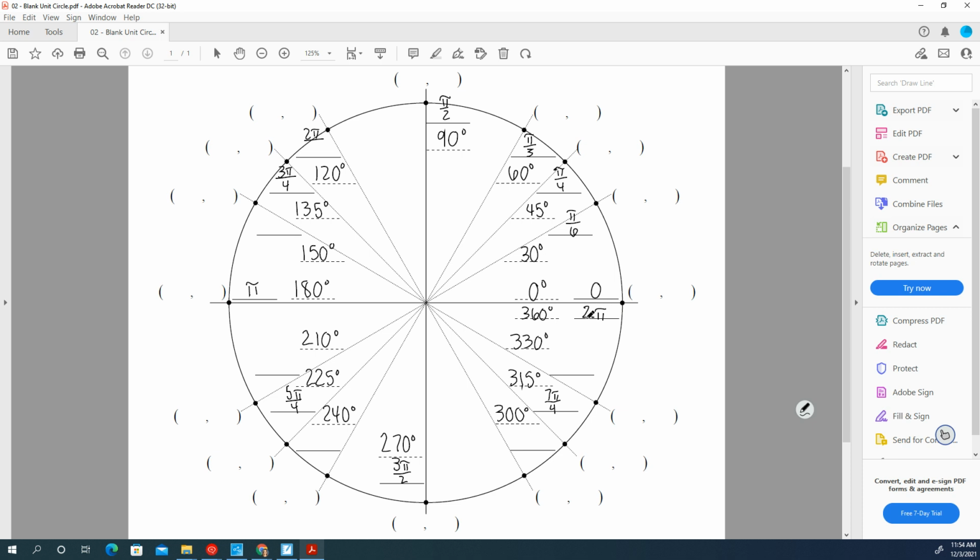So 120 is 2 pi over 3. 5/6 would be 150 degrees. 6/6 would be 1 whole. 7/6 would be 210 degrees, 7 pi over 6. 8/6 is 4/3. 9/6 is 3/2. 10/6 is 5/3. 11/6 would be 330 degrees, and then 12/6 would be 2 pi.